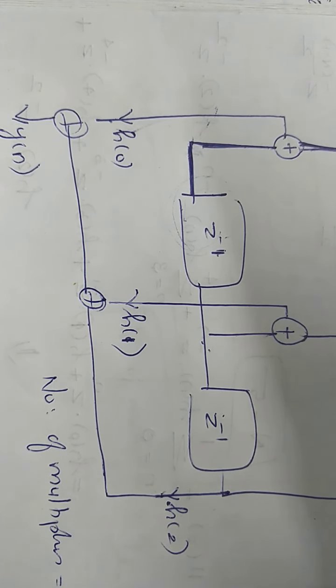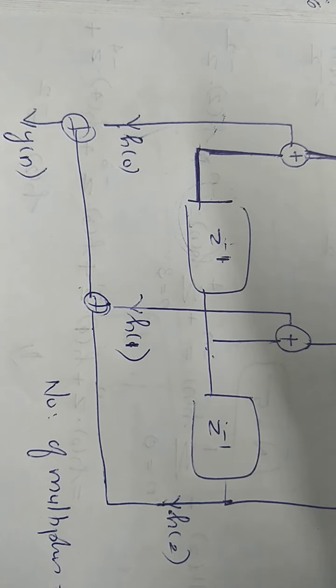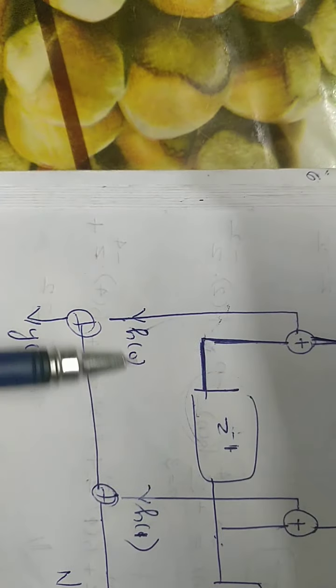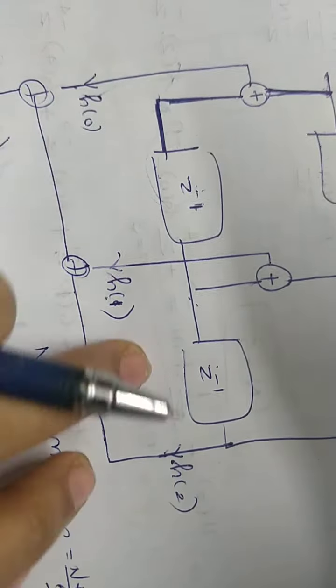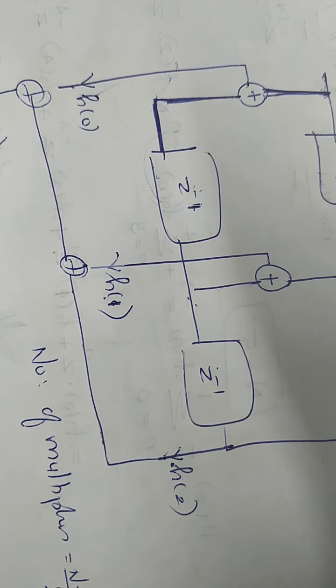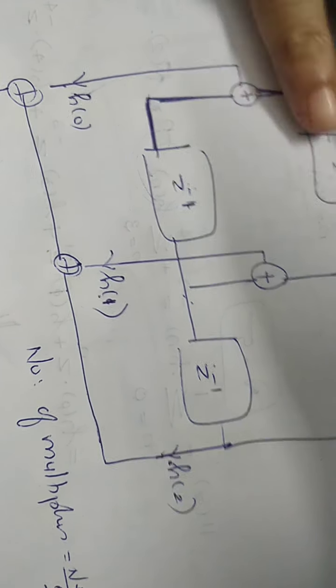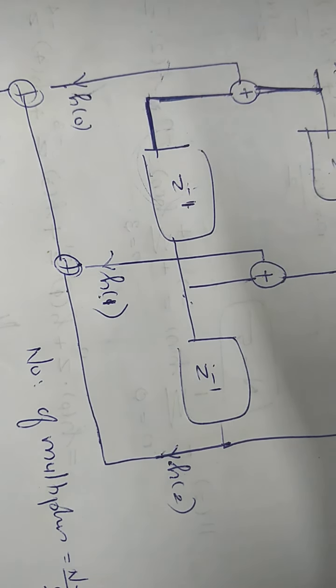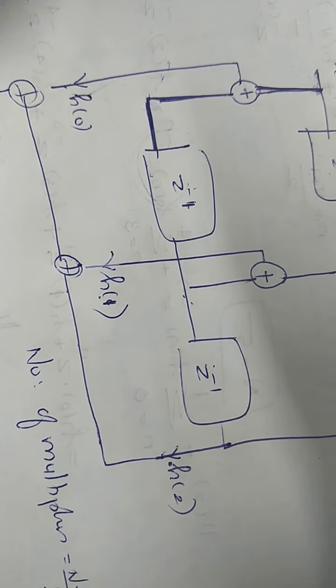In this case, (5 plus 1) by 2, 3. 3 multipliers are required, that is h of 0, h of 1 and h of 2. Okay, let's check a problem on how to draw the figure. The question will be asked like this.